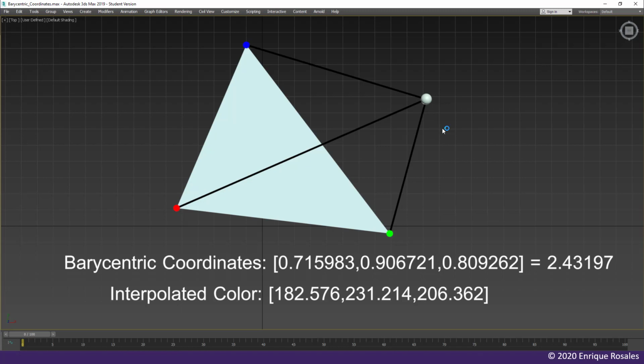You either cut the number and just make it 1, so it's full red. Or you take the next cycle: you take the difference between 1 and that value that is larger than 1, and that becomes the value of your channel. So if the color is 1.2, the actual value will be 0.2. Instead of being full red, it will be just a little bit of red.